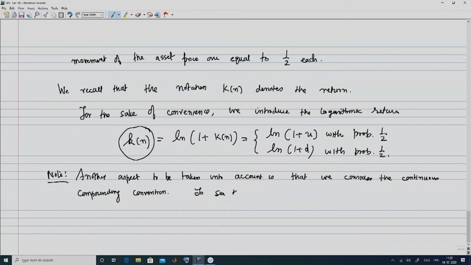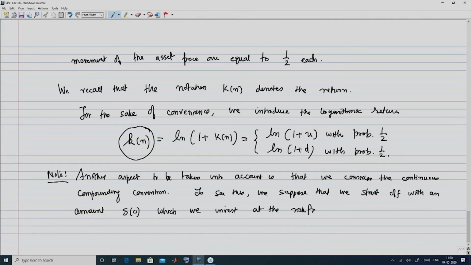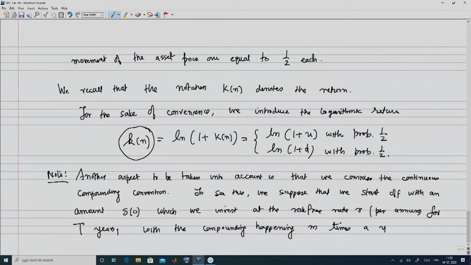So, to see this in more detail, we suppose that we start off with an amount S naught, which we invest at the risk free rate or the rate of the bonds R per annum for say t number of years, and with the compounding happening m times a year.